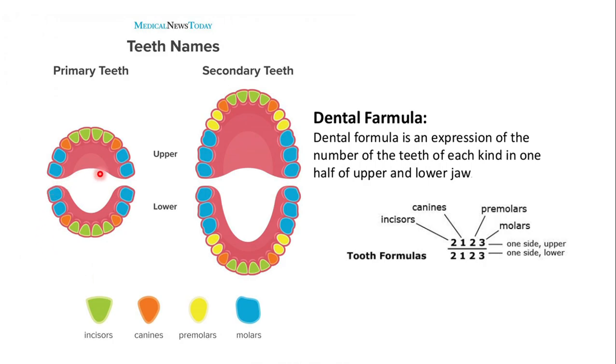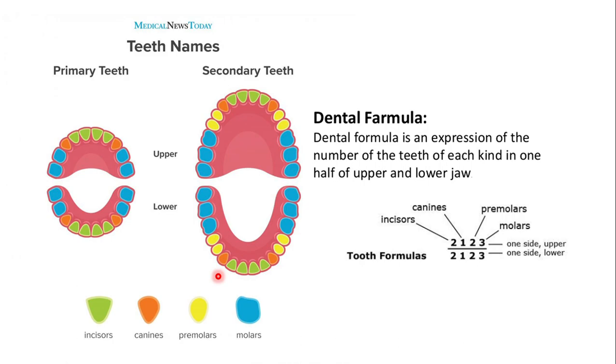Babies start to erupt teeth at the age of 6 months: in the first 2 months two teeth erupt, in the second 2 months two teeth, and in the third 2 months two teeth. Generally our body replaces these primary teeth with secondary or permanent teeth at the age of 12 years on average.